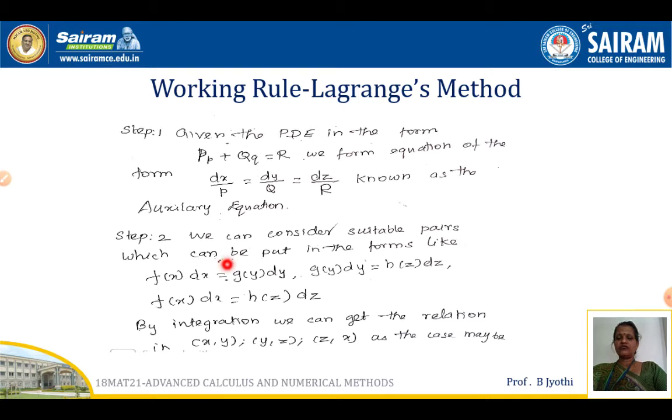Second step, we consider suitable pairs which can be put in the forms like f of x into dx is equal to g of y into dy and g of y into dy is equal to h of z into dz, or f of x into dx is equal to h of z into dz. By integration, we can get the relation x, y or y, z or z, x as the case may be.